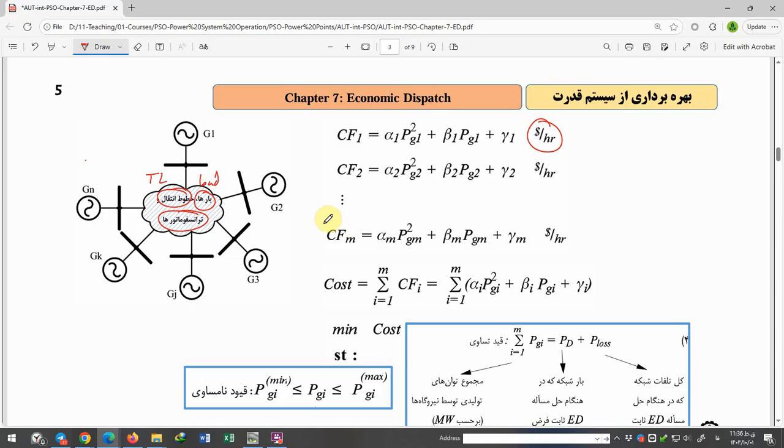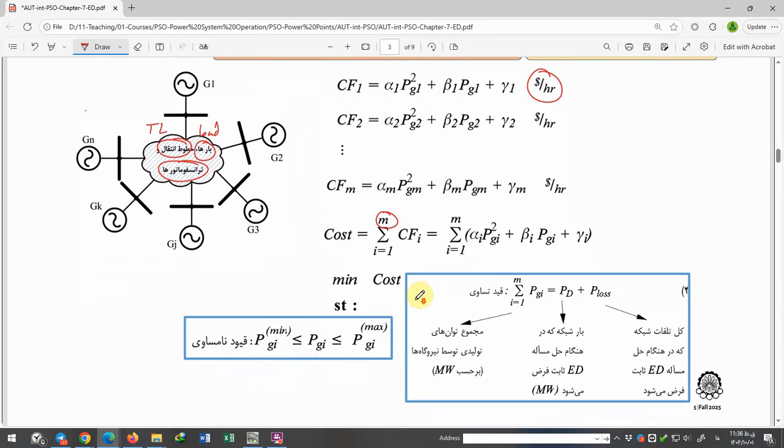The main question is the total cost of utilization of these power plants, which is sigma CFi, the cost functions of these M generators, with the constraints.